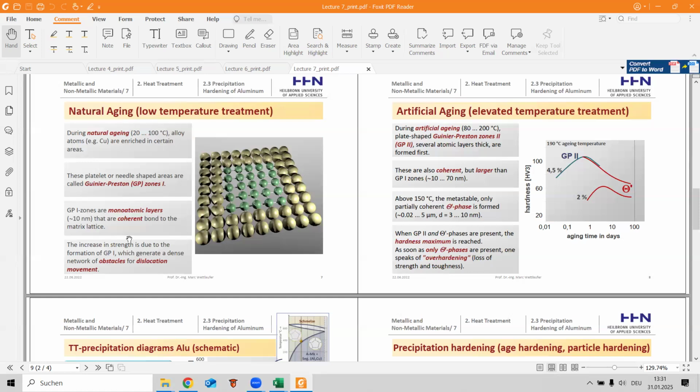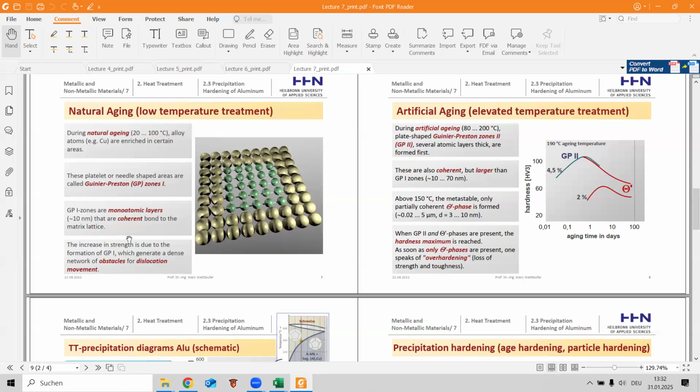Artificial aging depends on the temperature of treatment. During artificial aging, from 80 to 100 Celsius, the shape will represent GP zone 2, several atomic thick unformed clusters. They are also coherent but larger than GP1 zones. Above 150 degrees, the metastable and partially coherent delta prime is formed.